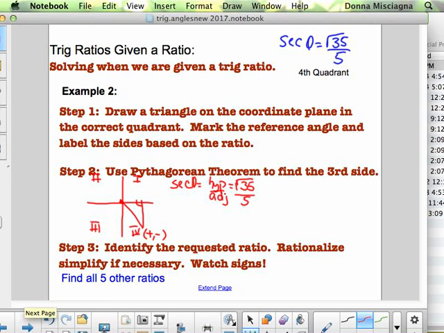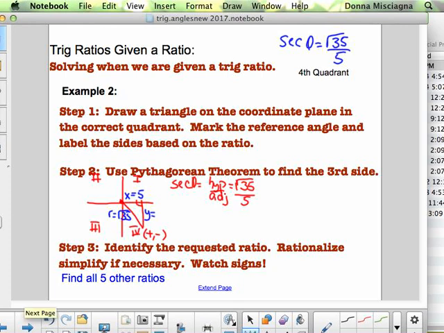Let's put that on our coordinate plane here. Adjacent is the x, so the x is 5, and the hypotenuse, the r, is the square root of 35. So we need y, we need a leg.